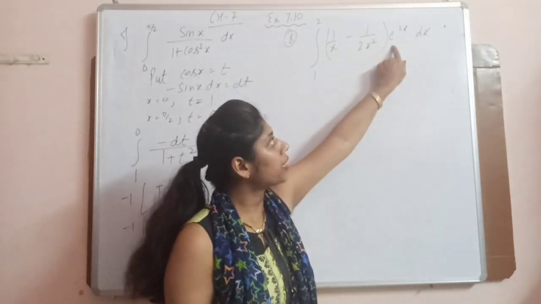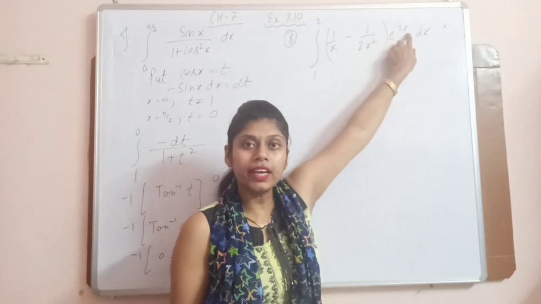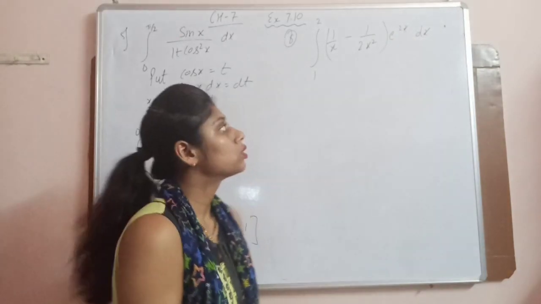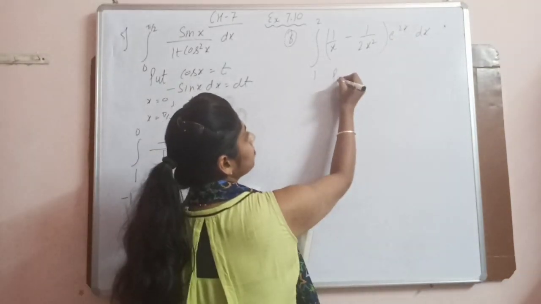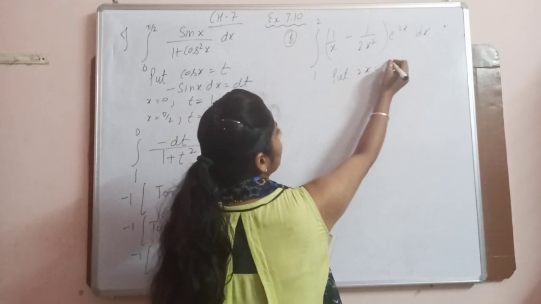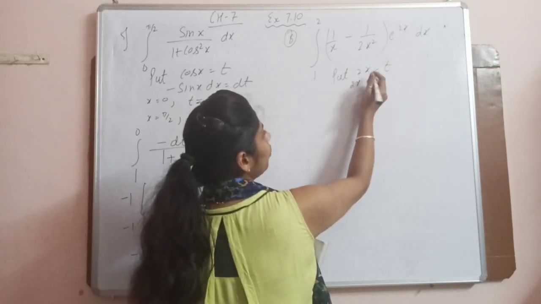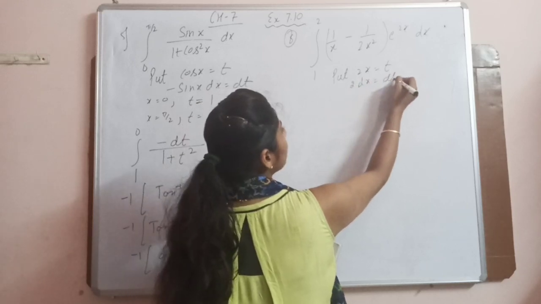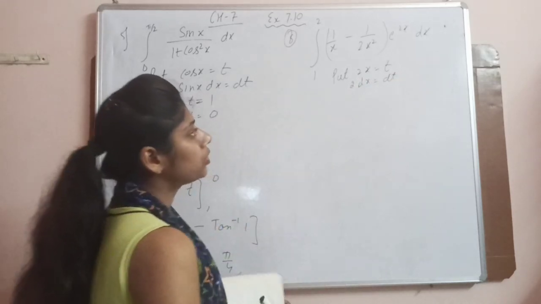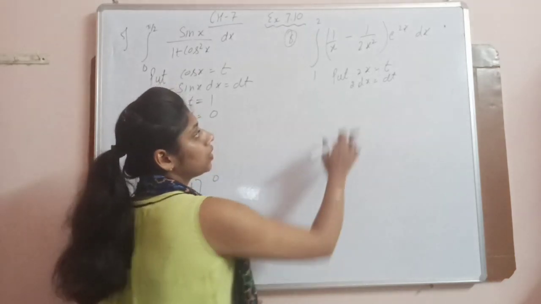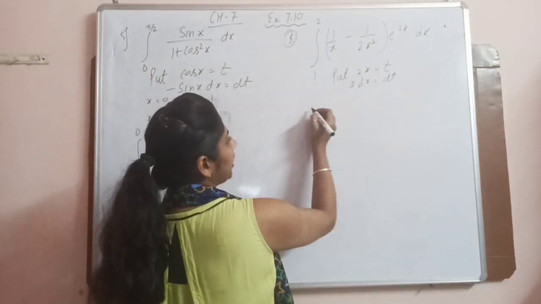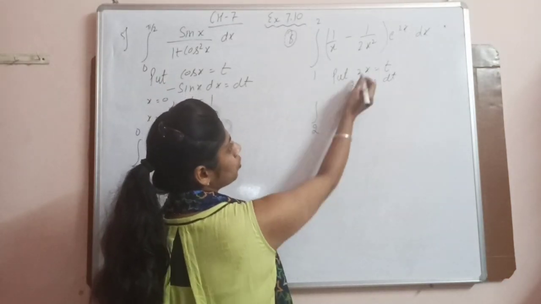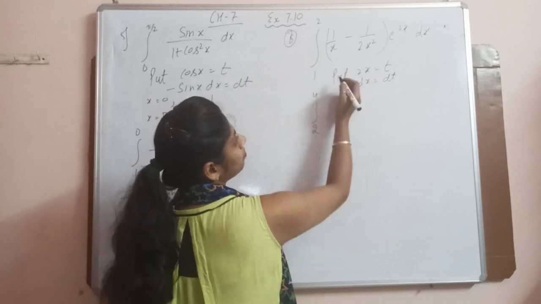But in the exponential there is 2x, and we need only x. So we will put 2x equals t, 2 dx equals dt. According to this, your limits will change. If x is 1, then t will be 2. If x is 2, t will be 4.